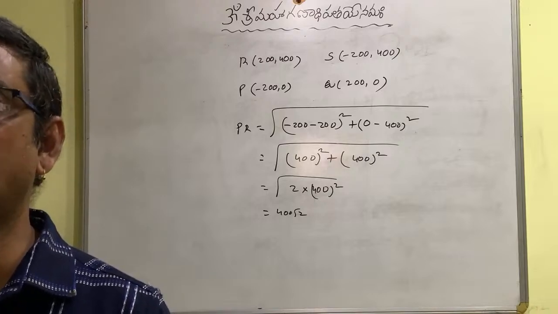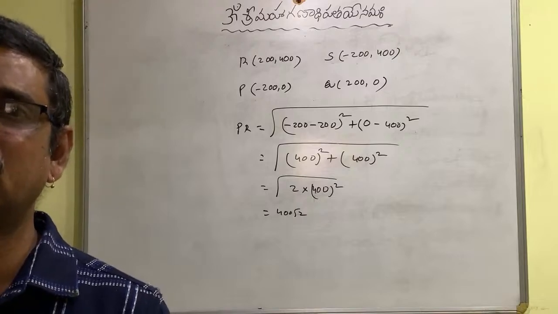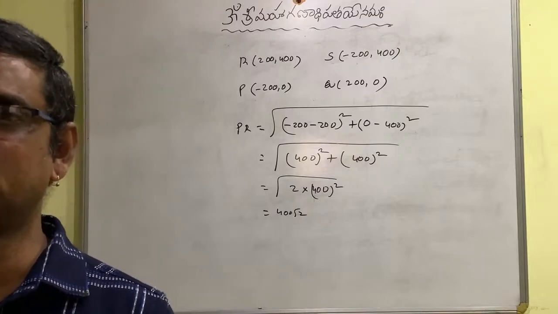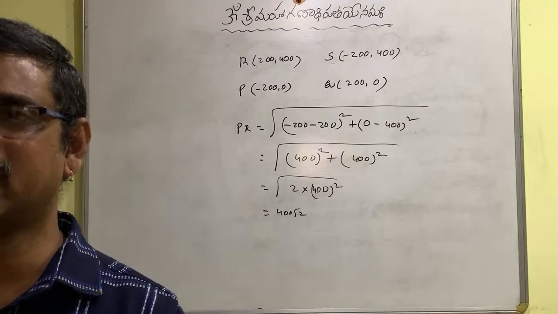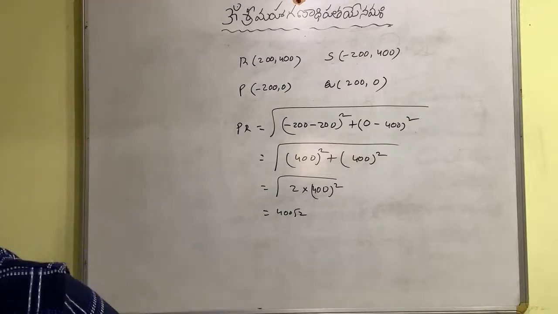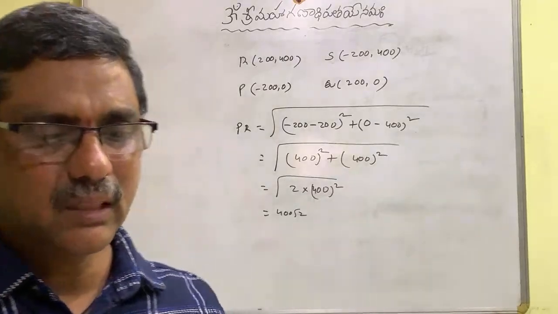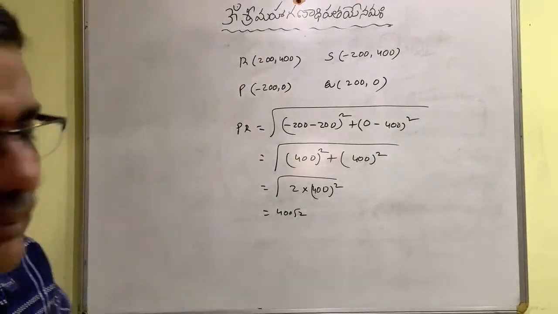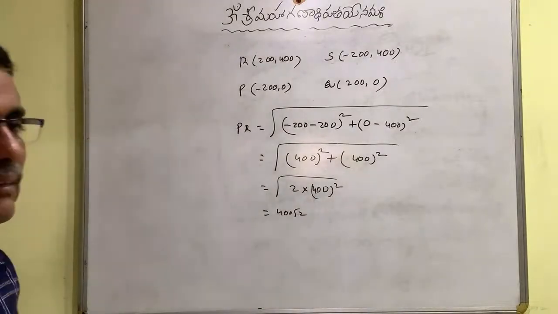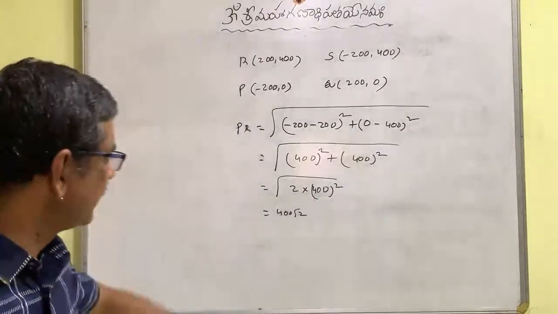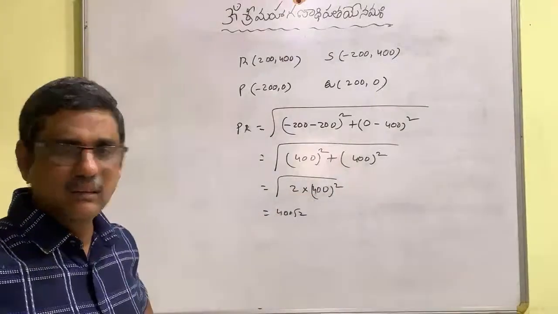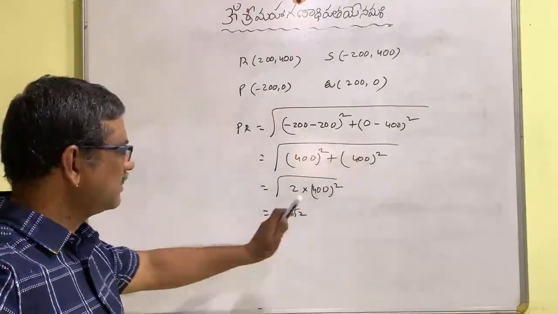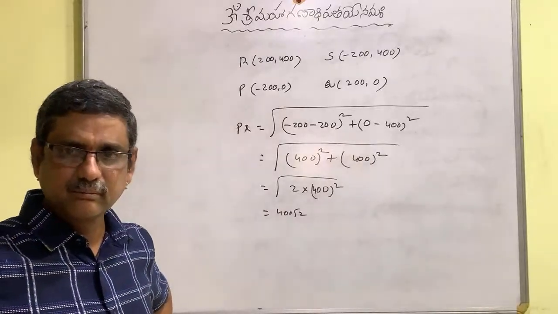Then why are you doing 400 square 1,60,000, again 400 square 1,60,000, adding them 3,20,000, then simplification? Why is all this necessary? 400 root 2, because here the square root of 400 square is 400, and 2 is not a perfect square, which is under the root. That's all. Okay?